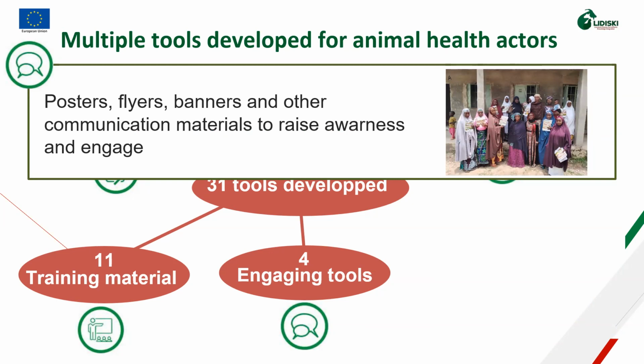Those are the posters and flyers that bring information about how to identify the disease, what should be done, and the importance of vaccination. A lot of tools that can be used in Nigeria, but also in other places to raise awareness and engage communities.